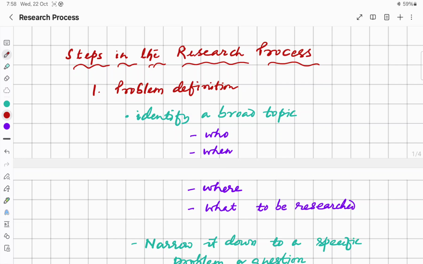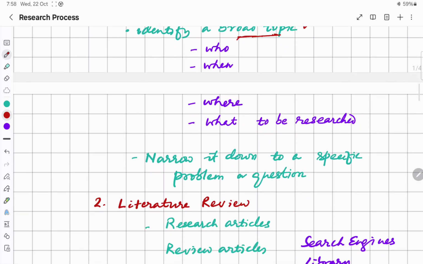So first we need to identify a broad topic where we should consider who to be researched, when to be researched, where to be researched, what to be researched. So when we consider who, when, where and what to be researched, then we can identify a broad topic, and that broad topic we have to narrow it down to a specific problem or question.